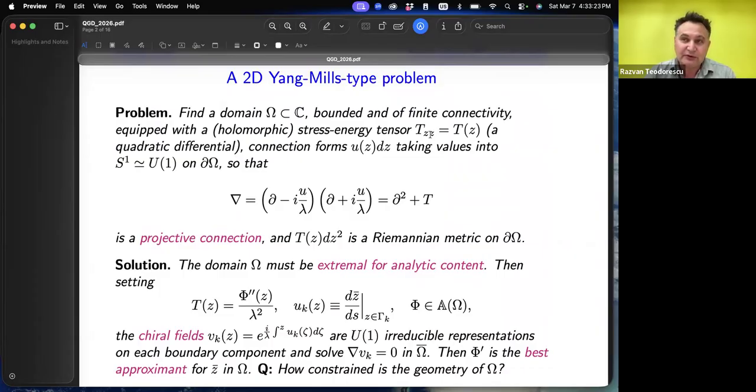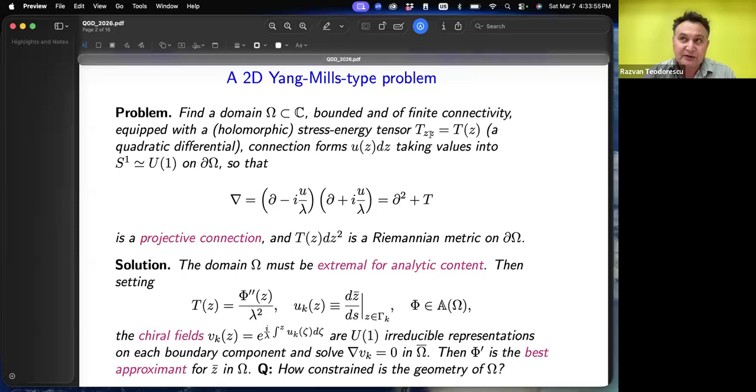We are looking for a domain in the complex plane, which is assumed to be bounded and with a finite number of boundary components, so a finite connectivity, on which there is a requirement that there be a well-defined quadratic differential representing, from the point of view of conformal field theory in theoretical physics, the quantity known as the holomorphic stress energy tensor of a two-dimensional quantum conformal field theory.